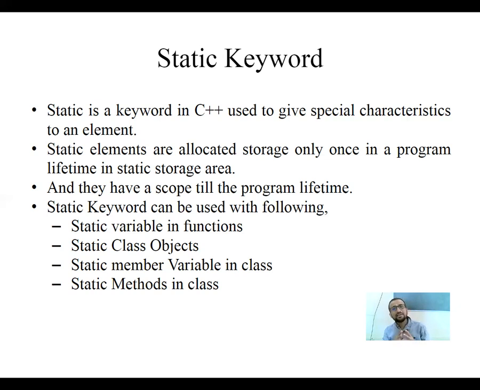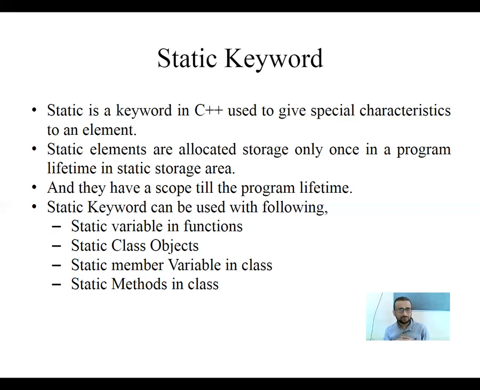So this static keyword can be used with the following. We can use the static keyword with static variables in our function, then with the static class object, then static member variables inside our class, and static methods inside our class.